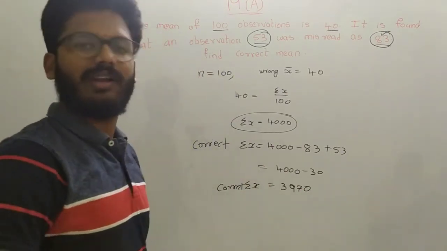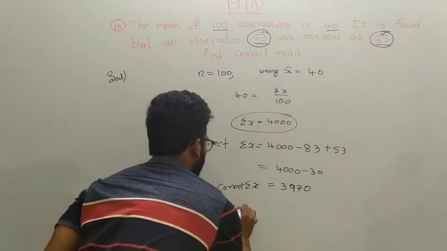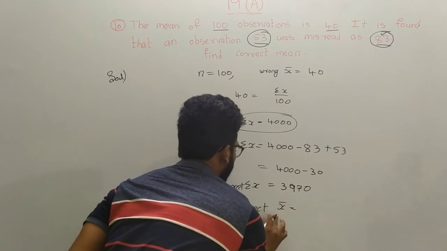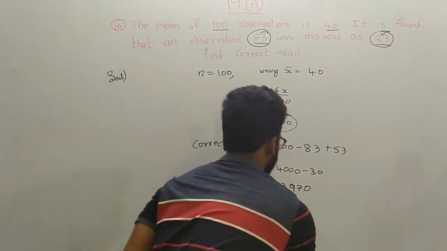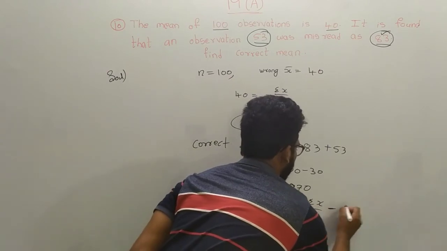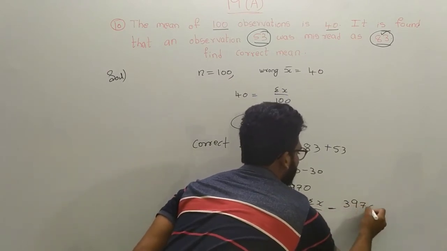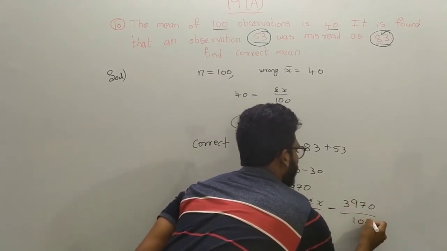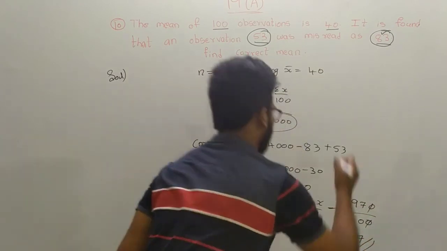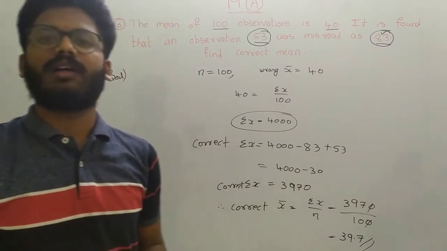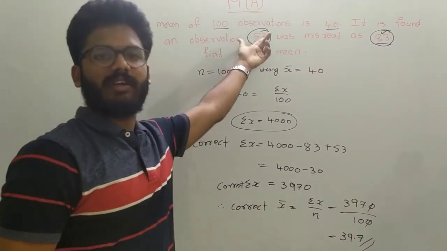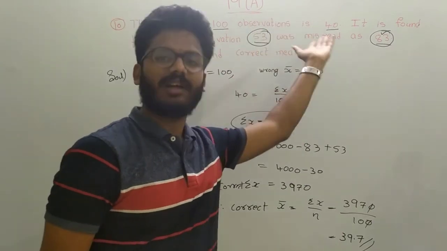So now what is the correct mean? Therefore, the correct x bar, or correct mean, will be equal to the correct summation by 100, the number of observations. Nothing but 3970, the correct sum, by 100. You will get 39.7.